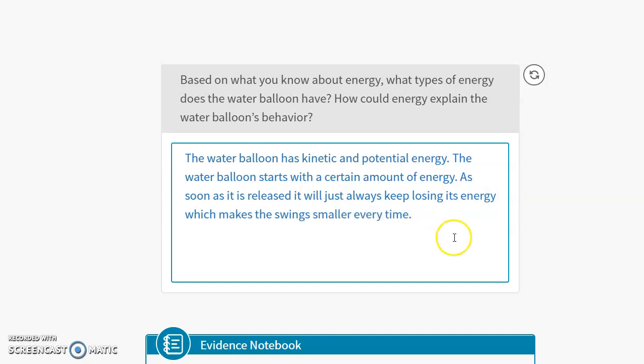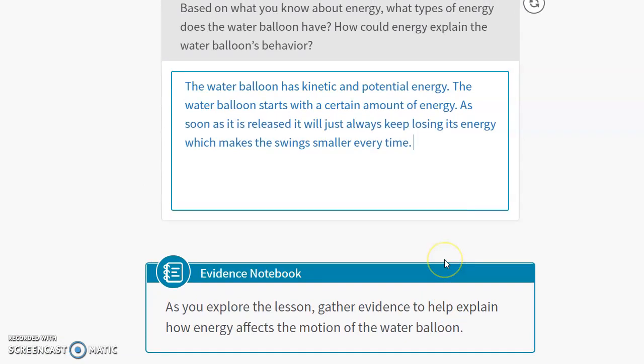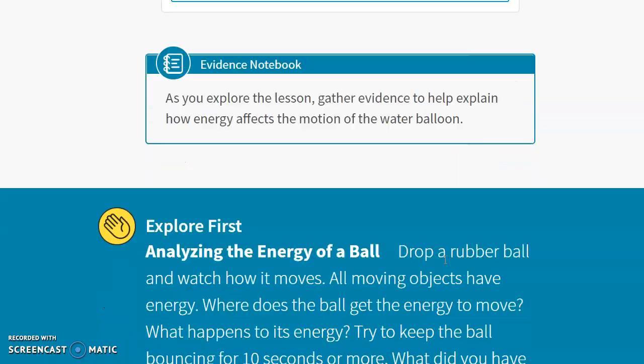However you want to put that in your own words, basically there's kinetic and potential energy, which means you take the water balloon, it's got this amazing amount of energy, but as soon as you let it go, it loses at least enough so that it won't come back as high as it was before. So they can say, based off of many experiments, that it's not going to hit her in the face.